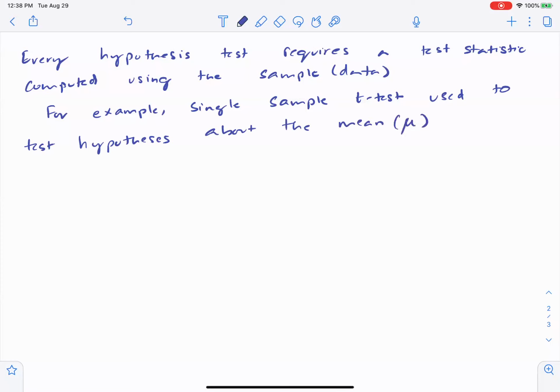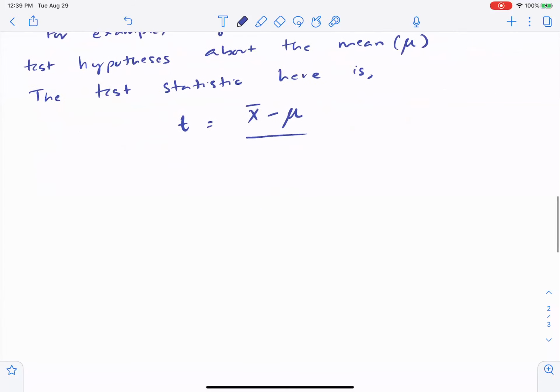Notice I'm putting mu. Mu is the population mean. So the test statistic here is t equal to x bar minus mu divided by s over square root of n.